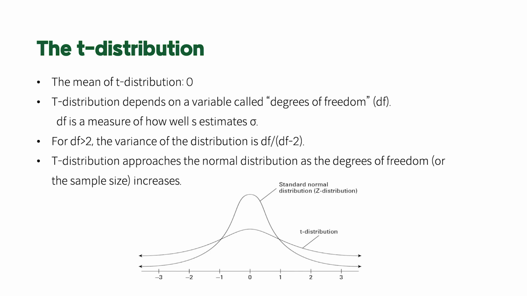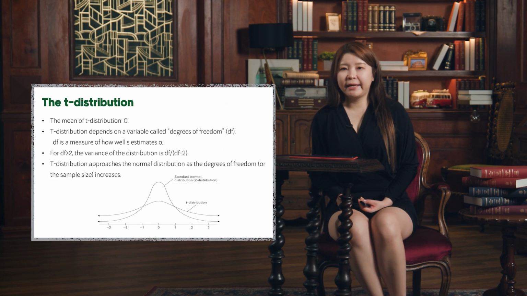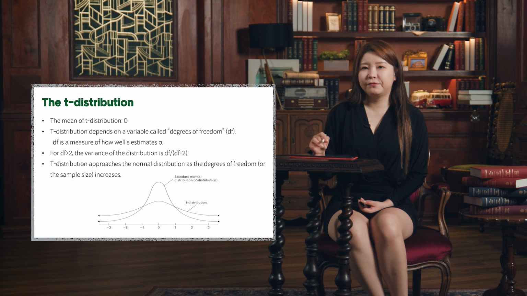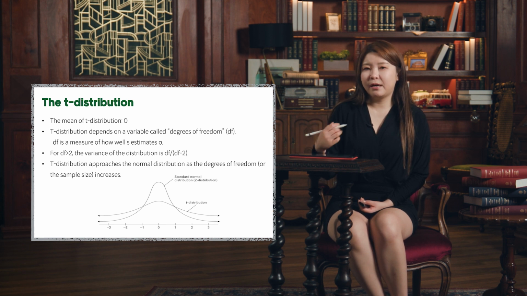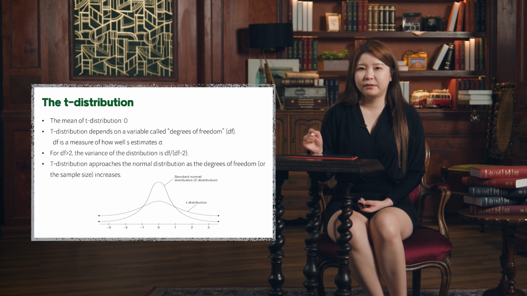If you compare the shape of the standard normal distribution, which is aggregated more at the center, versus the t-distribution, you see that these two look similar, and for certain cases of degrees of freedom, these two distributions actually look very similar.